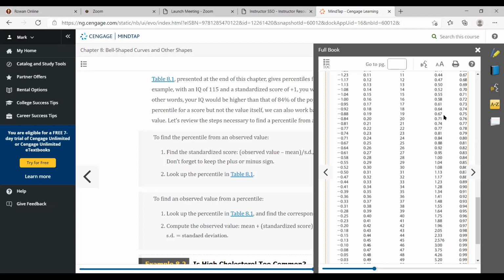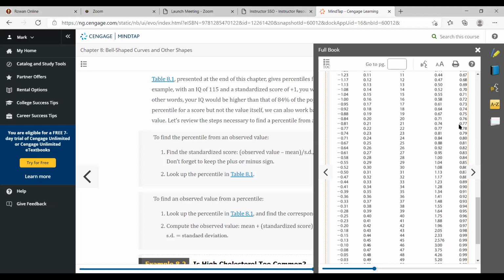So for these standard scores, negative 0.67 is your first quartile, 25% is less than that, and your upper quartile is positive 0.67. Okay, so that's how you find the quartiles.